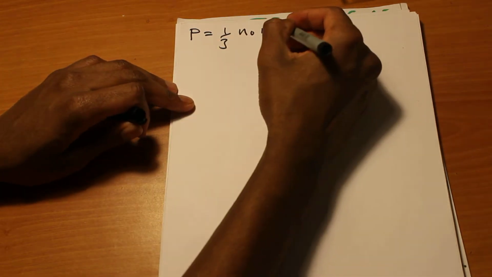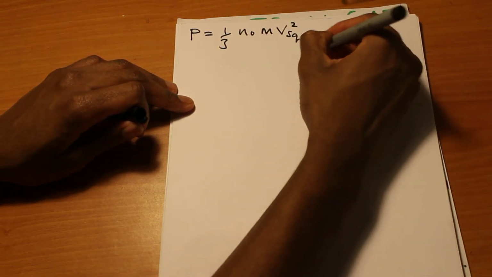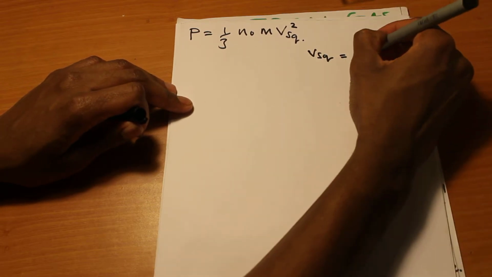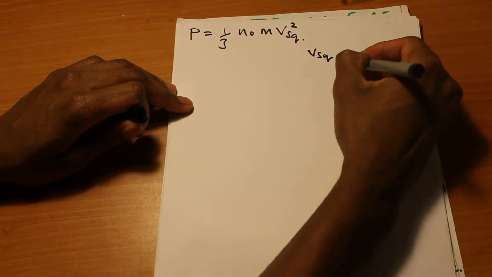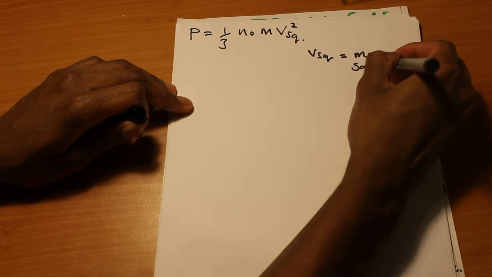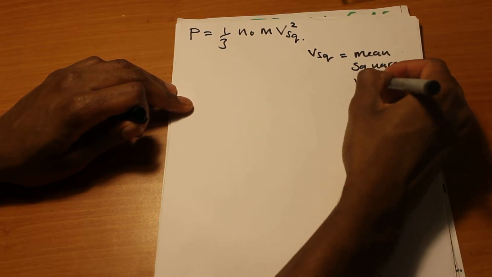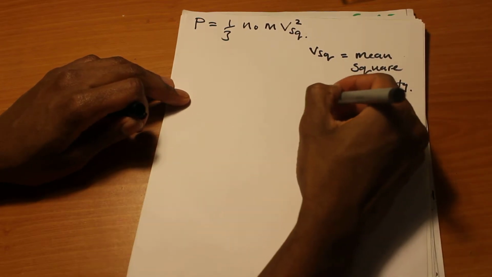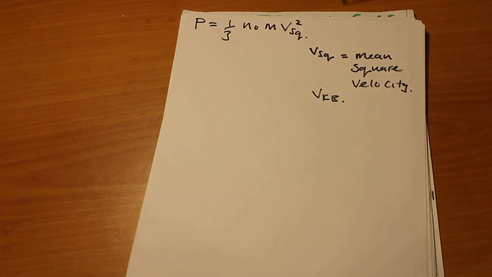Basically, this v squared here is what we call the mean square velocity. In Russian, it would be written as VKV. Basically, we are referring to the mean square velocity when we talk of this v squared.